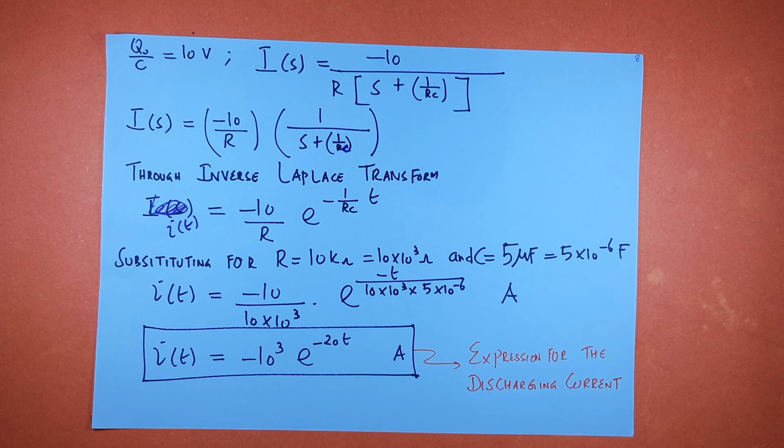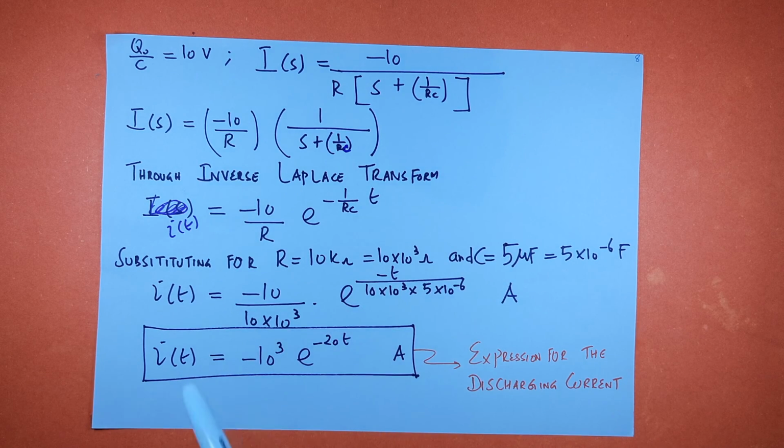So substitute for R and C. So I of t equal to minus 10 divided by 10 into 10 power 3 multiplied by e power minus t divided by R is 10 into 10 power 3, C is 5 into 10 power minus 6.